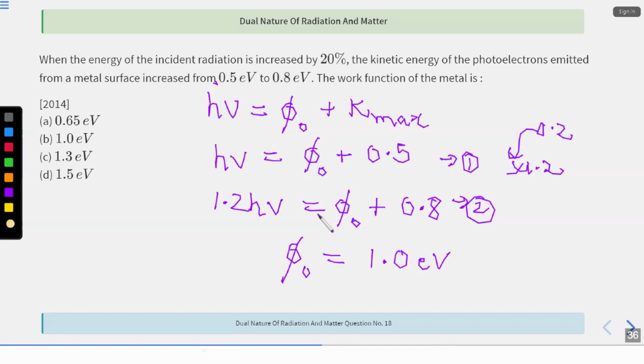The material is better for photoelectric emission whose work function is least, and cesium has the least work function. Therefore it is the best metal for photoelectric emission, and therefore our answer is option B, and this is the correct one. Okay, so we covered different kinds of questions today.